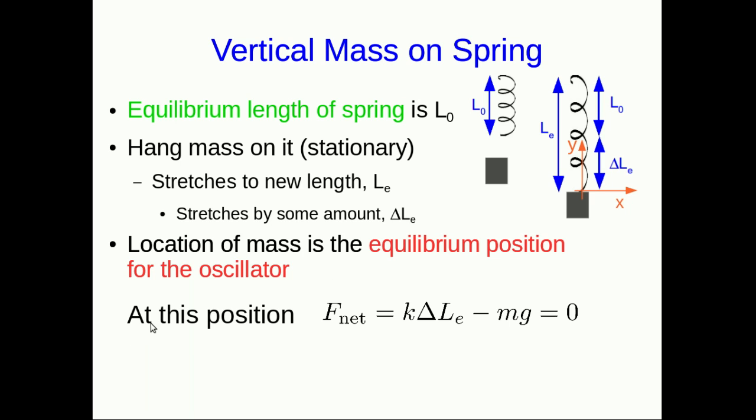And so I'll just point out that at this position, and this position only, your sum of all the forces is just the spring force, which in my sign convention here is positive because I've set up as positive, minus the weight of this mass, and those have to add up to 0 just at this position.